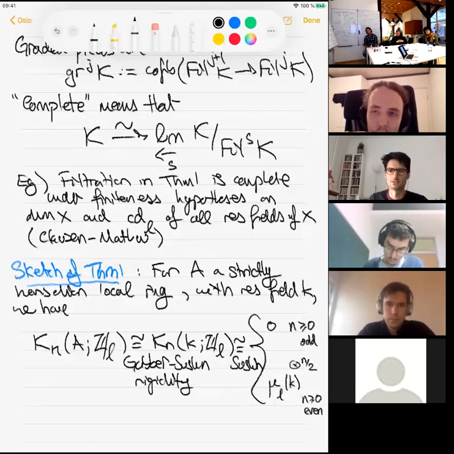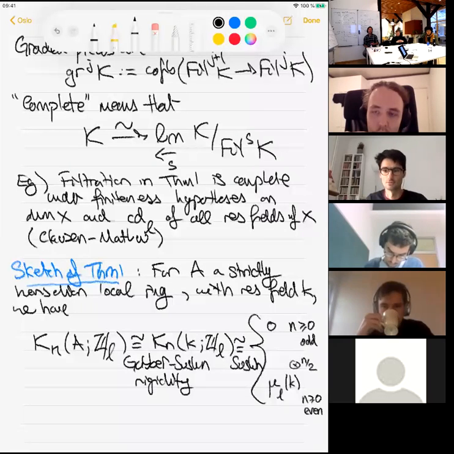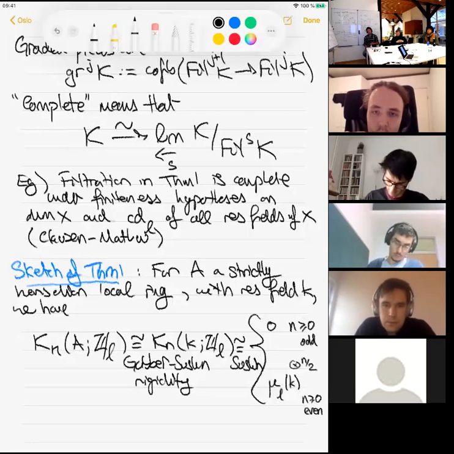And again, to return to an issue that we had a moment ago about connective versus non-connective K-theory, we can't, in general, compute these K-groups on the left-hand side if n is negative. So we don't need to worry about that.